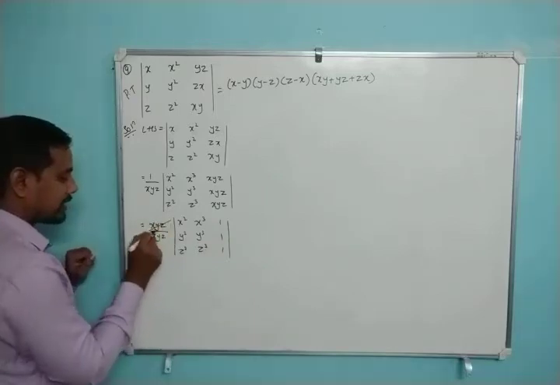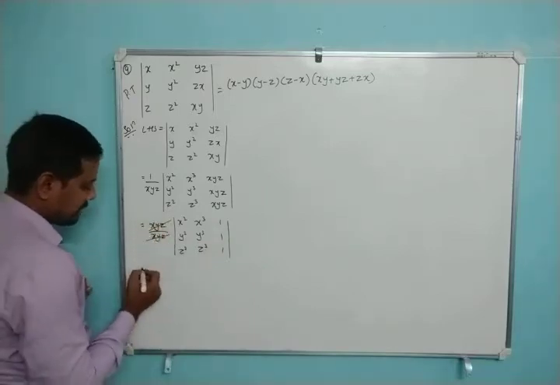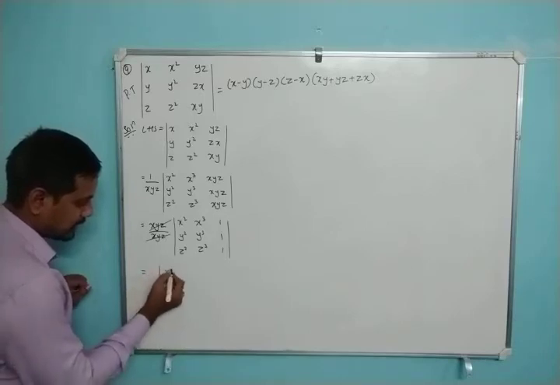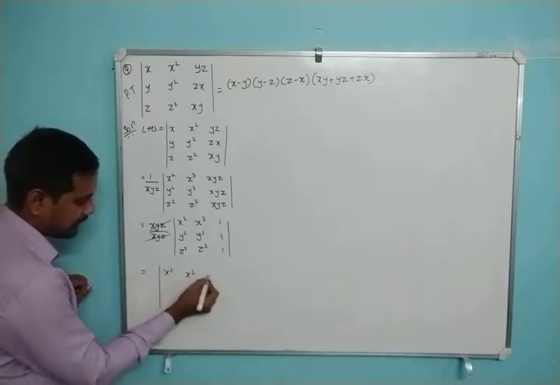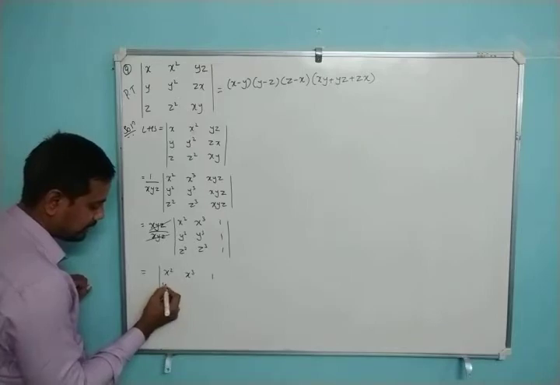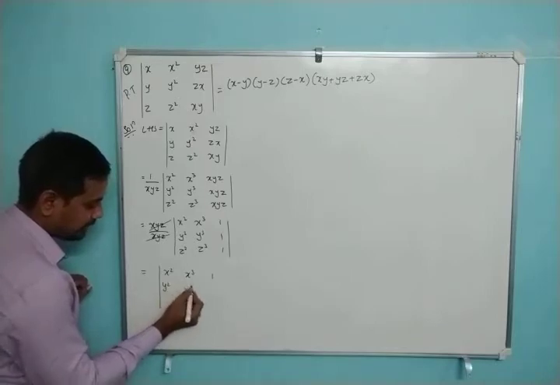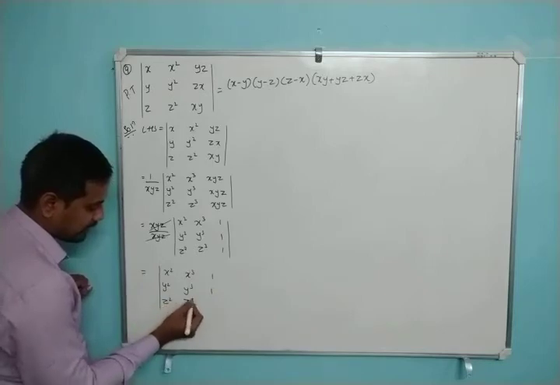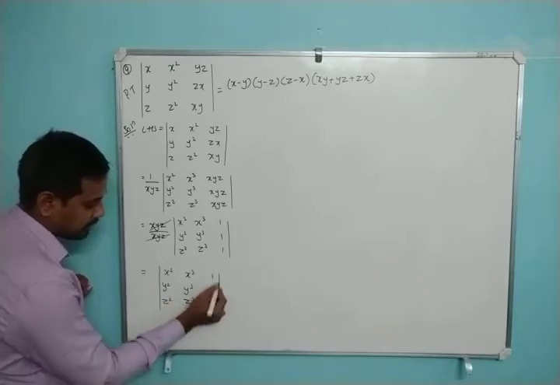So now this xyz cancels. So what remains here is x square, x cube, 1, y square, y cube, 1, z square, z cube, 1.